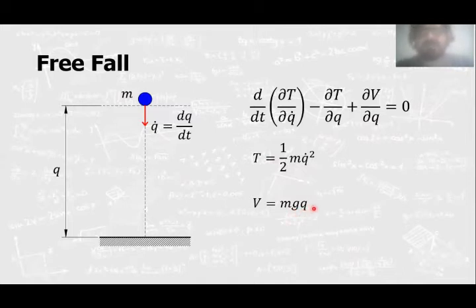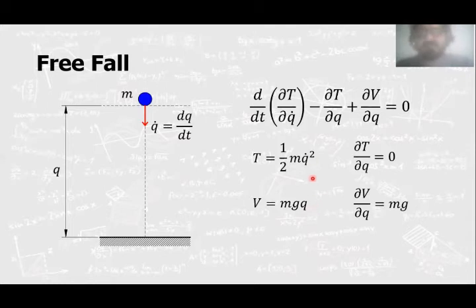The partial derivatives of each term are: the partial derivative of kinetic energy with respect to q is equal to 0, and the partial derivative of potential energy with respect to q is equal to mg. Now the partial derivative of the kinetic energy with respect to q dot, or velocity, is equal to m q dot.